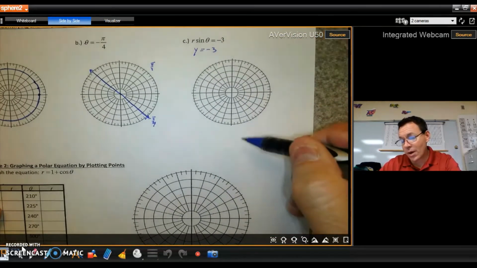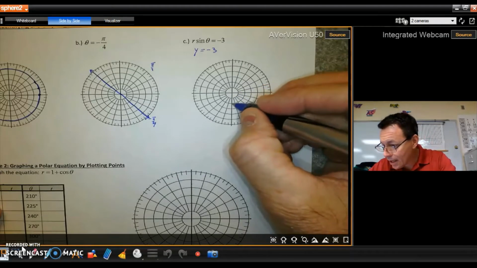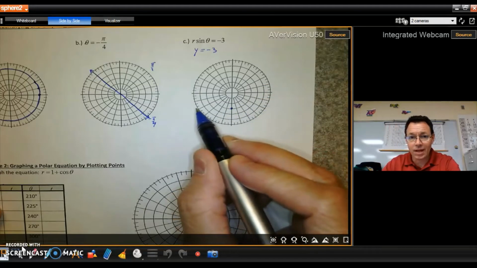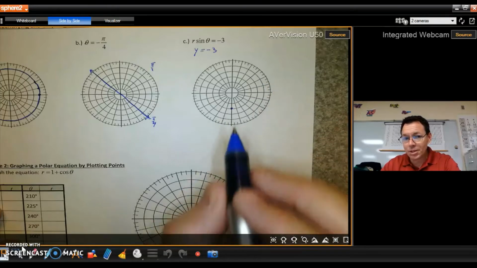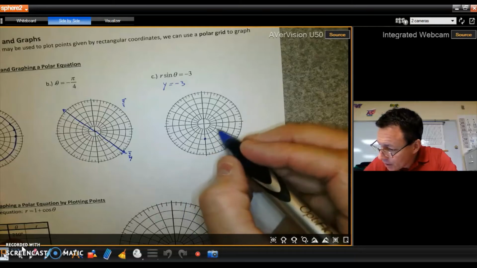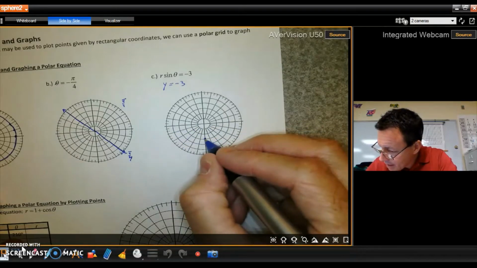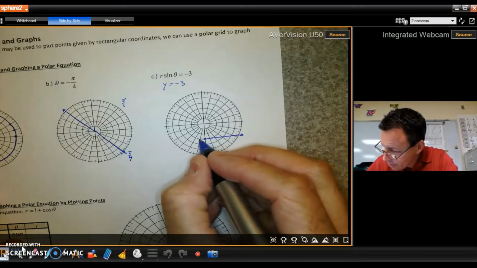Now, it's a little harder to graph on this. Y equals negative 3 would be go down 3, and then draw a horizontal line. But we don't have a horizontal line. We've got these circles. Okay, so to the best of your ability, draw a horizontal line, and you're going to try to look at this polar axis and see if you can just kind of make it parallel.